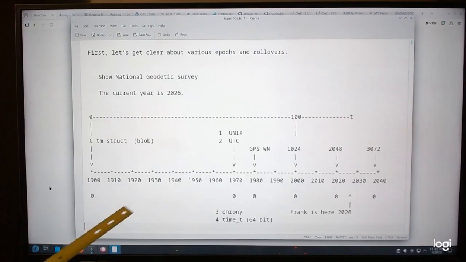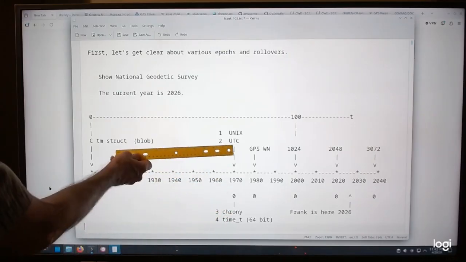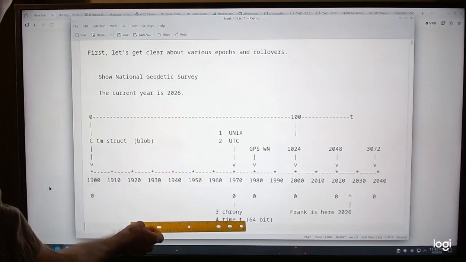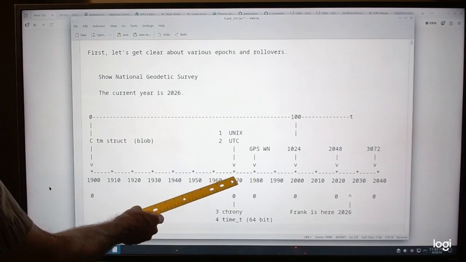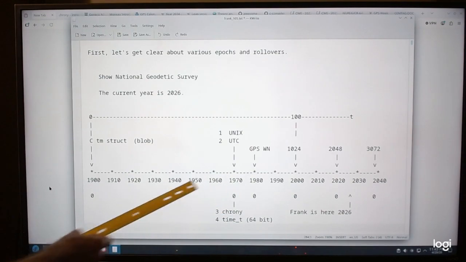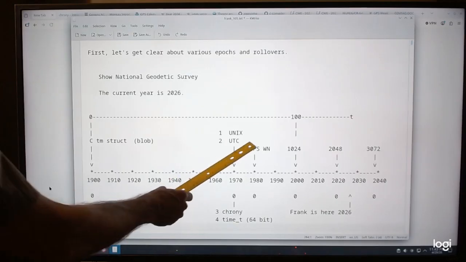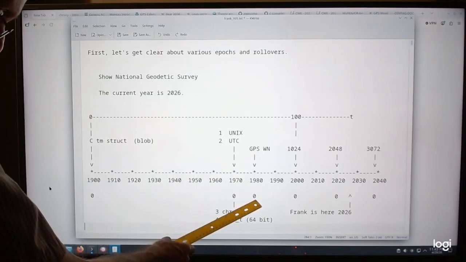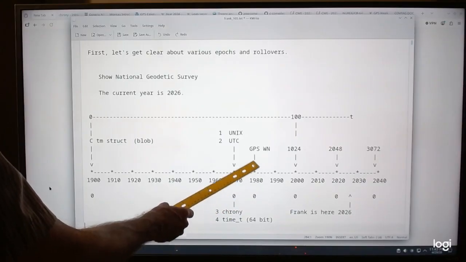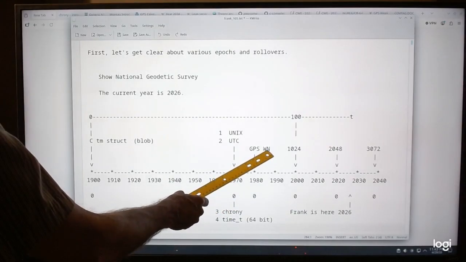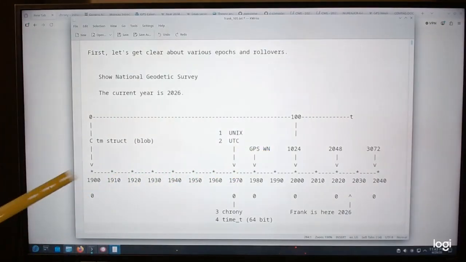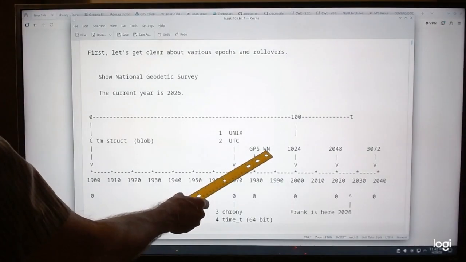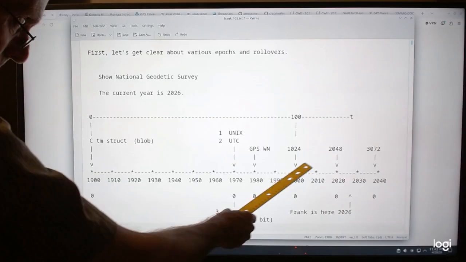Now, Unix, UTC, chrony, and time T, they start 0 in 1970. The GPS satellites start 0 in 1980, and that's WN, week number. You'll see that in those publications. WN, that's week number, and that continuously increases.